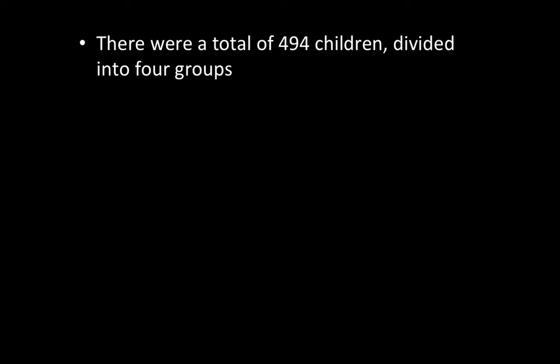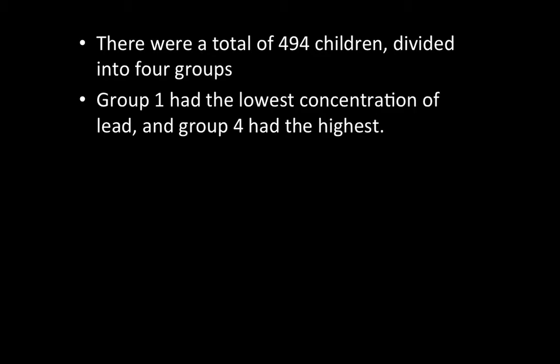In total, there were 494 children in the experiment. Those 494 children were divided into 4 groups. Group 1 had the lowest concentration of lead in their blood, and Group 4 had the highest.